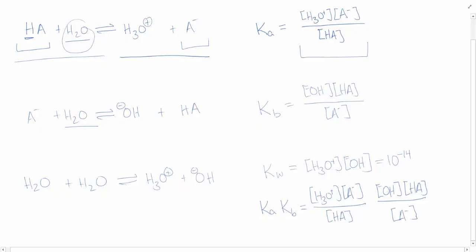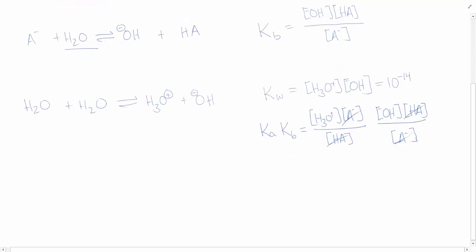Now, if we cancel out, HA and HA cancel, A minus and A minus cancel. So what we get is the concentration of hydronium times the concentration of hydroxide. Well, we see then that this is just equal to Kw, which is 10 to the minus 14.